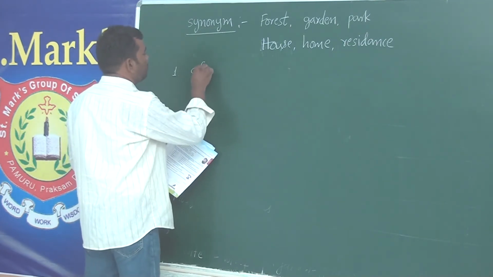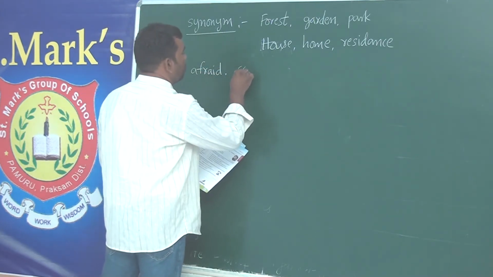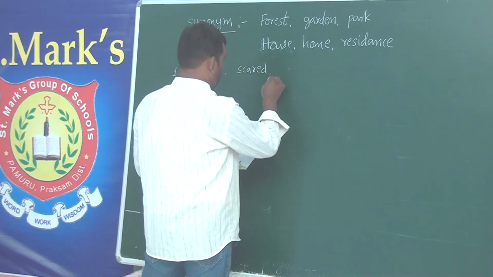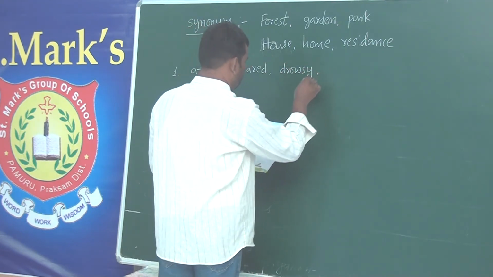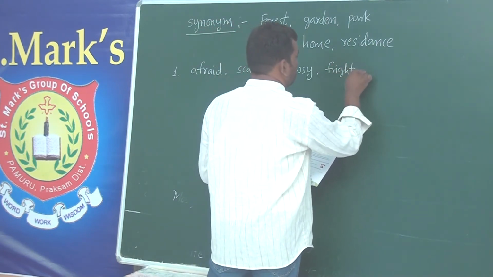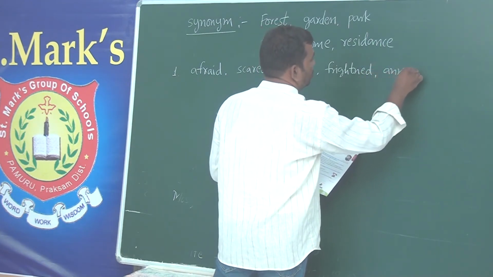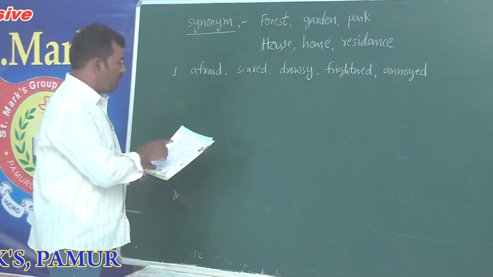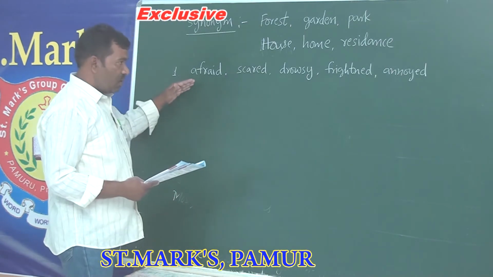Afraid, scared, drowsy, frightened, annoyed. Okay? So you see, from each group, underline 3 words that are similar in meaning.